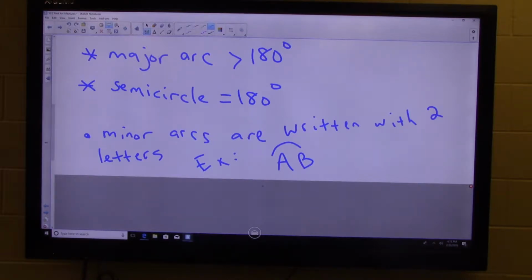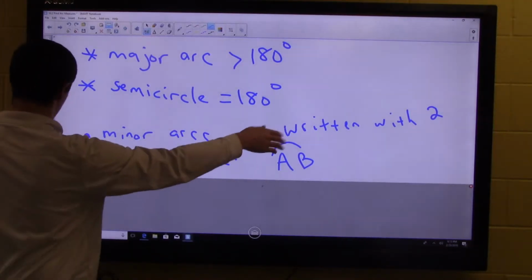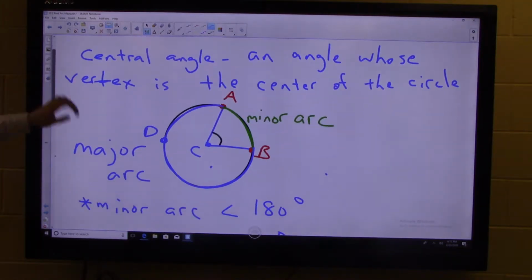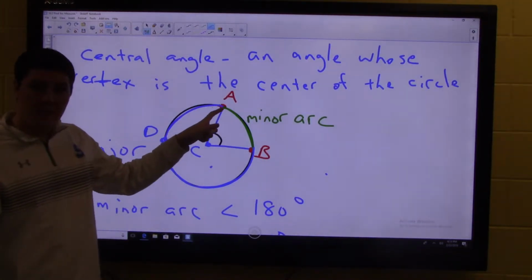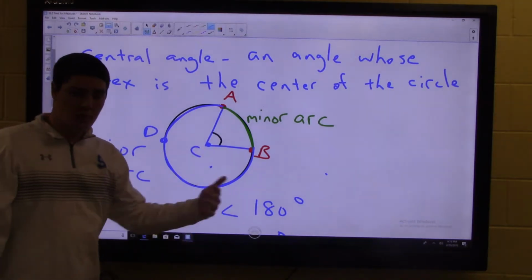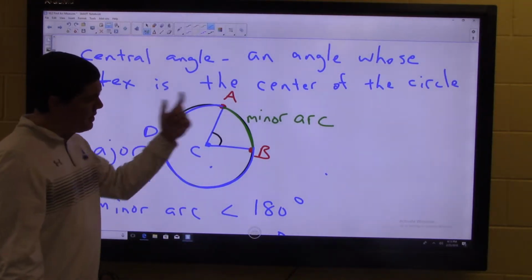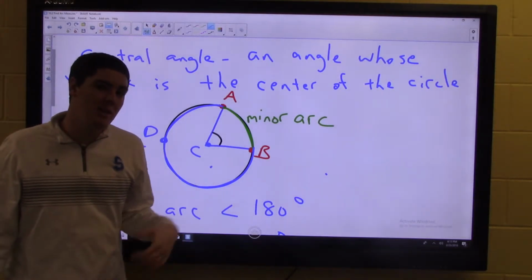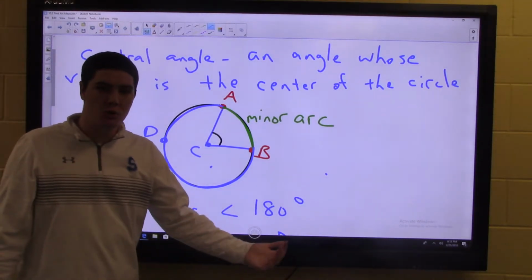All right, so you can determine that. Let me go back up here. If I say find the measure of arc AB, which we'll talk about in a second, you wouldn't really know which one to find if you didn't know that fact that minor arcs are written with 2 letters.